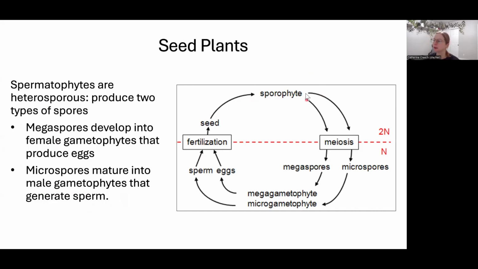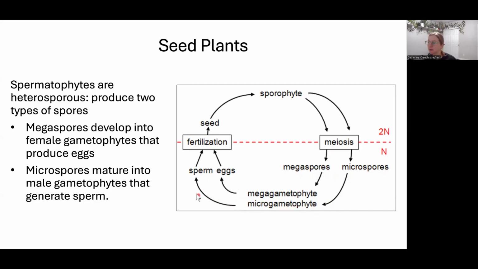Here is the sporophyte. We know that the sporophyte is diploid. Our diploid individual will do meiosis, and it will produce haploid cells. Those haploid cells will be either megaspores or microspores. Those will mature into your megagametophyte or your microgametophyte, and the gametophyte produces gametes.